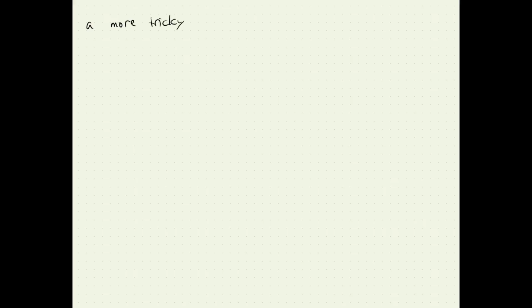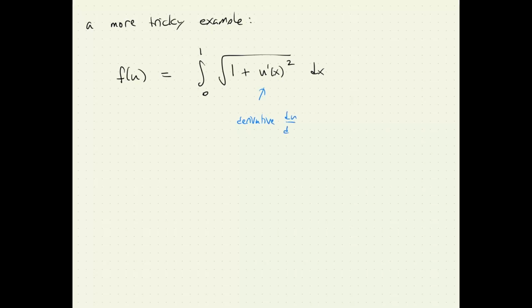So let's do a more complicated case. Let's do another, trickier example. Suppose f of u, so we're still going to be functions from 0 to 1, is the integral from 0 to 1 of the square root of 1 plus u primed of x squared dx, where this is just the derivative, the ordinary du dx, the 1801 derivative.